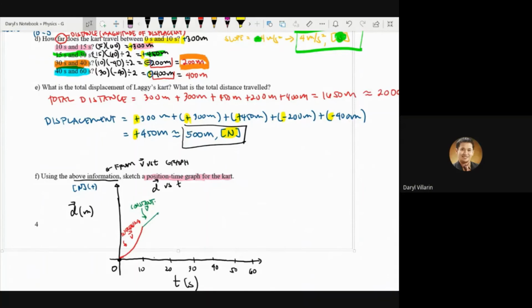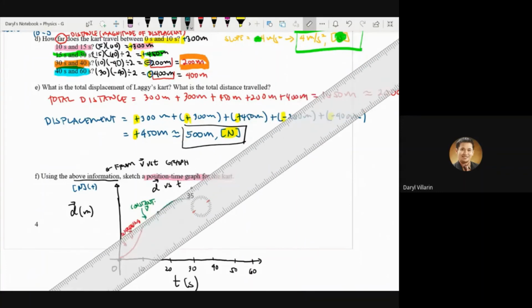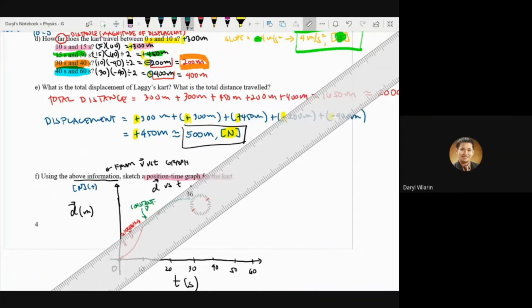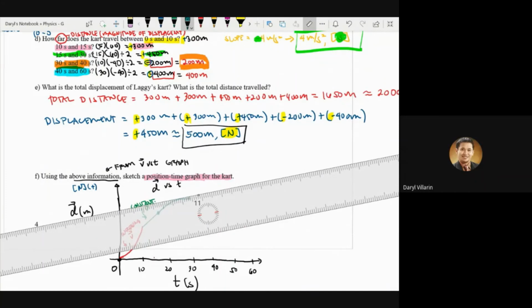Okay, just think of, again, we can get the instantaneous velocity by taking the tangent lines, right? But what is the form of our graph that has tangent lines that are decreasing in magnitude? Well, is it not that it's something like this? So to 30, it would be something like this. Why? If we verify that, the slope of this would be greater compared to the slope of this one here, correct?